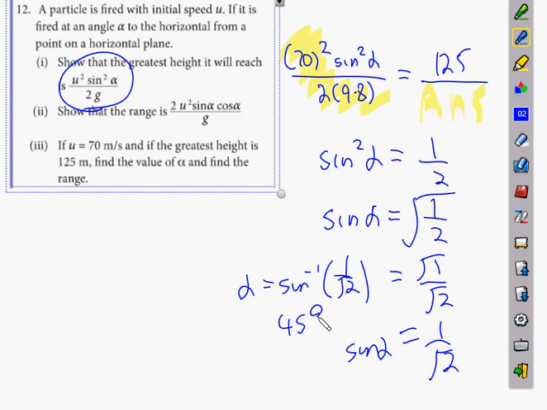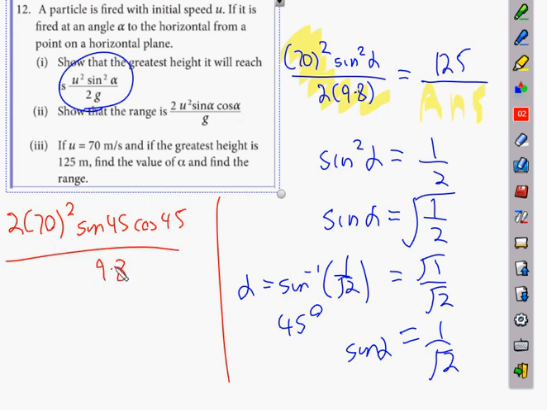Now, we know that it's 45 degrees. Oh, that's the question, isn't it? Sorry, I have to find the range then. So to find the range, just use the range formula. 2 times 70 squared sine 45 cos 45 all over 9.8, and that'll tell me how far I've travelled across.